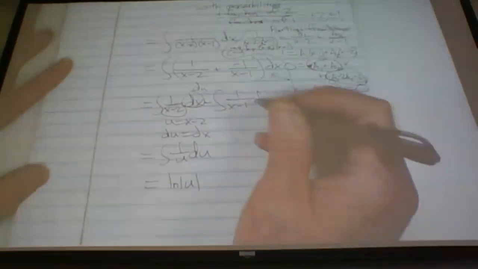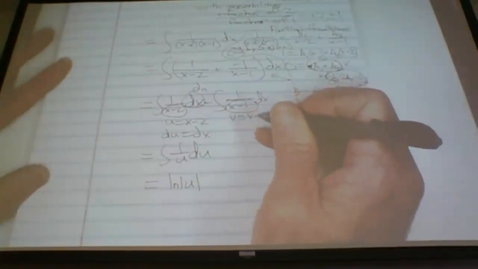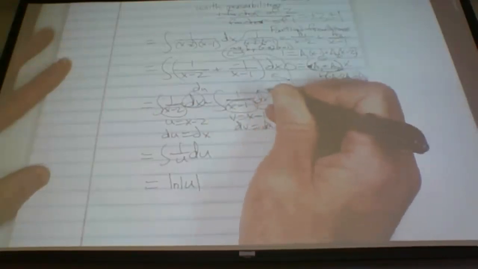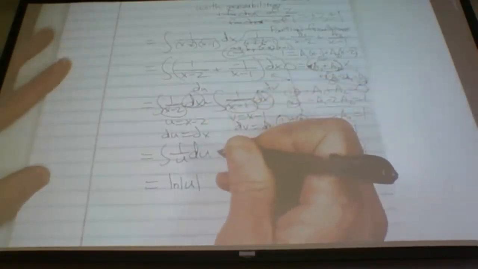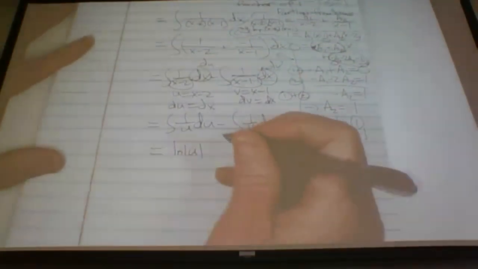How about the second integral? What do I do? Oh, come on. Put you to sleep already, right? Okay. I let v equal x minus 1, and then dv is the derivative, dx is 1 dx. So I substitute that out for dv and this for v, obtaining integral 1 over v dv. All right.